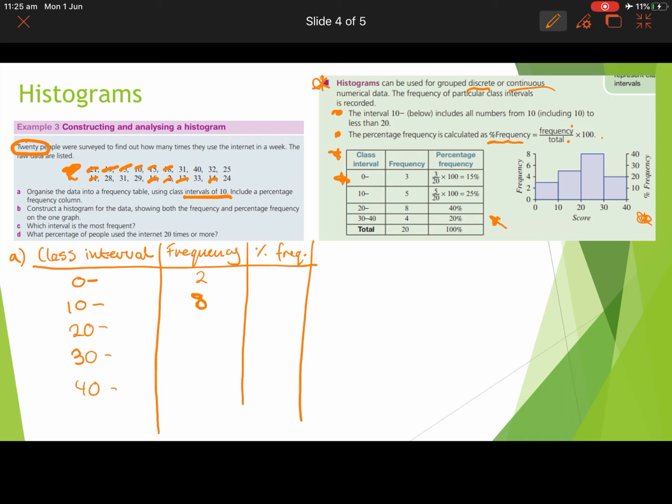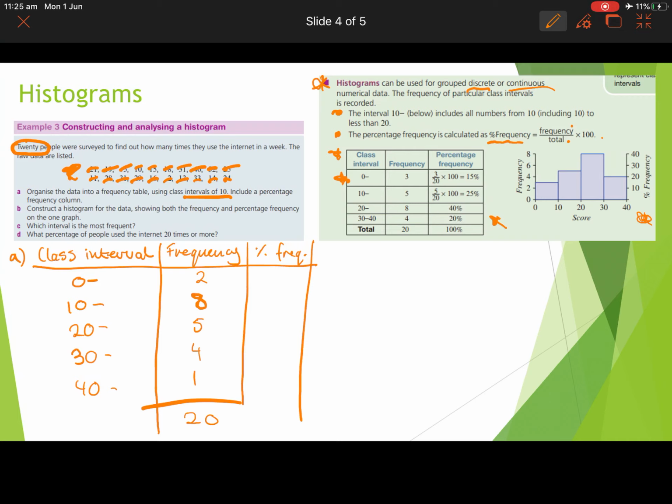Okay, so in the 20s, 1, 2, 3, 4, 5 for this one. Okay, numbers in their 30s, 1, 2, 3, 4. And numbers in their 40s, it's just 1. Okay, so that's good. So where are we at now? We've got our frequencies. All of these should add up to 20 because we've got 20 people surveyed. I can see that that's good.